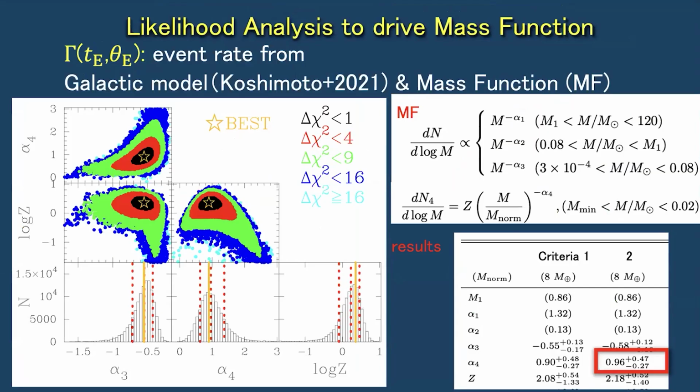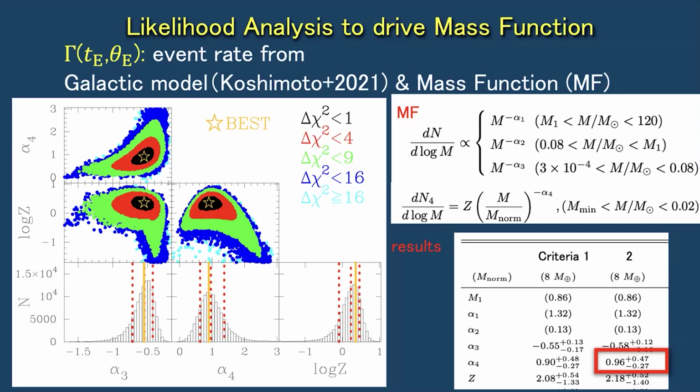And then we conducted a likelihood analysis to fitting with the information of the tE and the theta E by using the event rate as a function of the tE and the theta E by using the galactic model by the Koshimoto et al. with the assumed mass function.